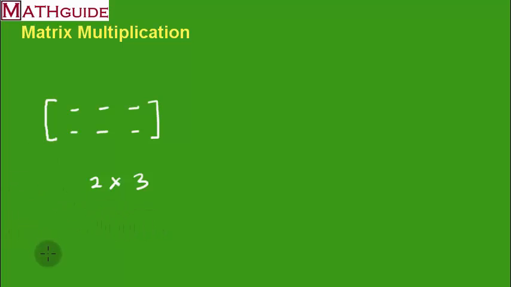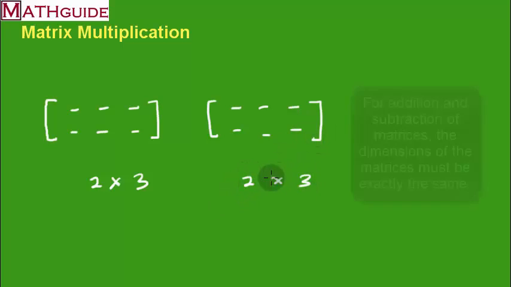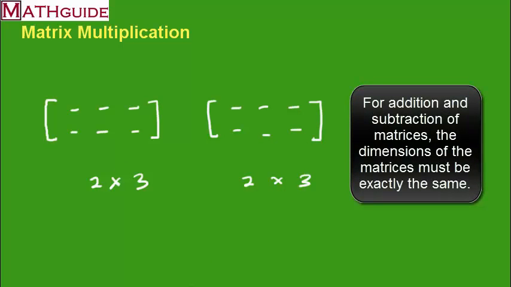All right, so there are 2 rows and 3 columns, and let's say we're going to multiply it by another 2 by 3 matrix. If we were talking about addition and subtraction of matrices, this would be great. You could add or subtract these 2 matrices because they're exactly the same dimensions.